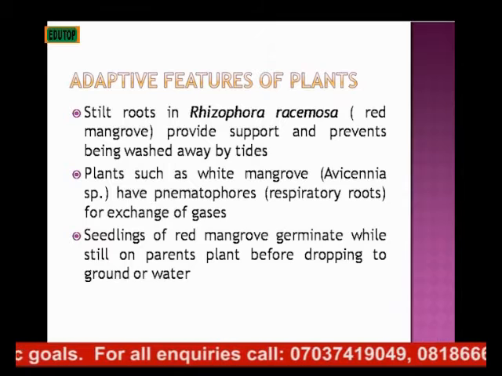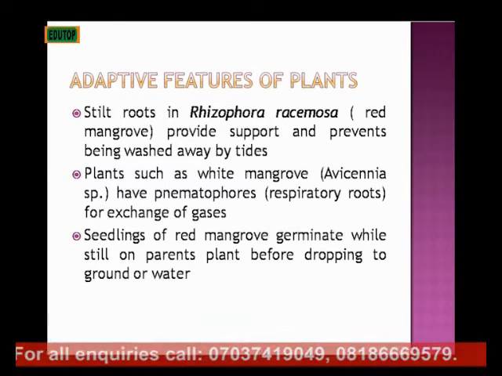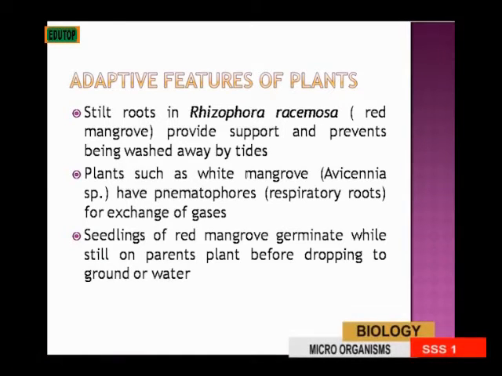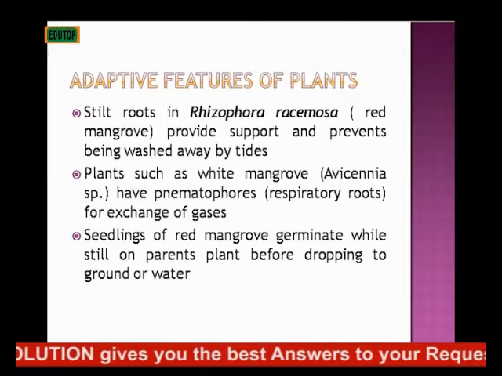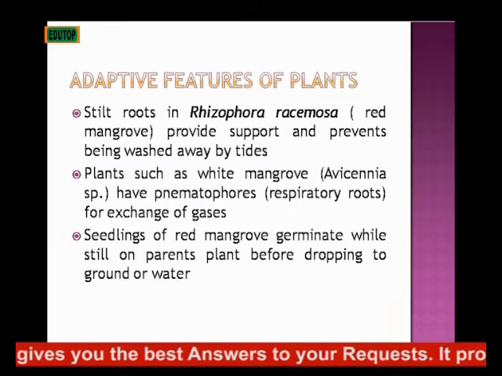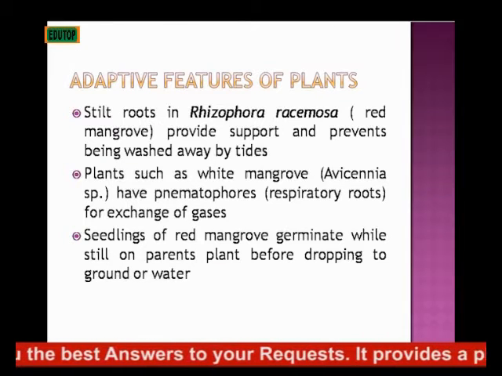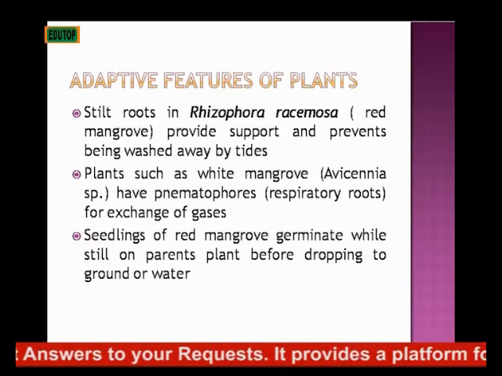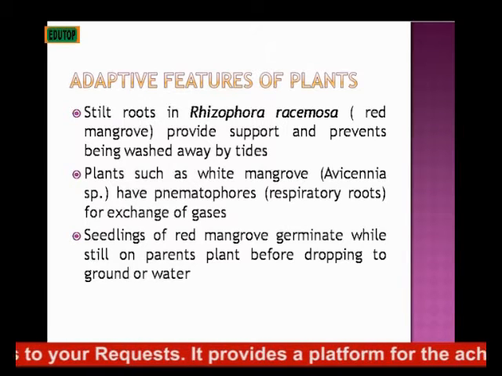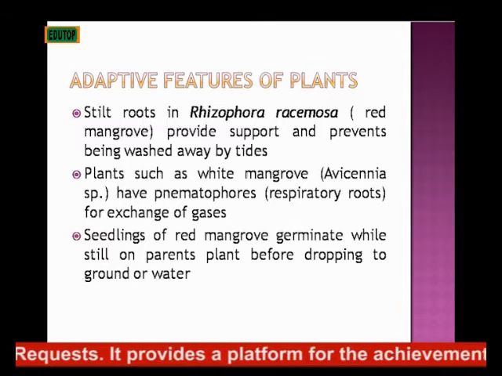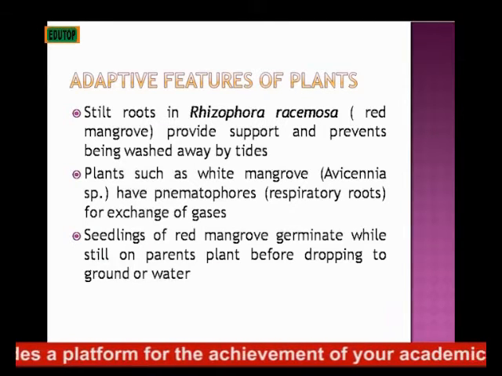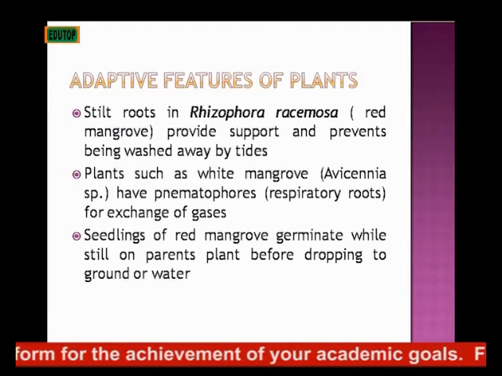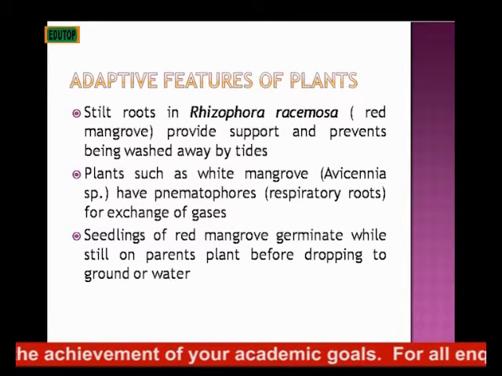As the tide keeps moving, if the plant is not stable or balanced enough, the tide will readily destroy it. So because of that, the red mangrove has stilt roots, so that it's able to support itself in the estuarine habitat. Also, the white mangrove, Avicennia, has pneumatophores, respiratory roots, for exchange of gases.